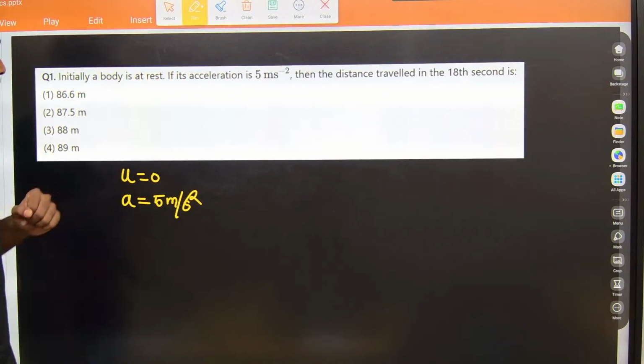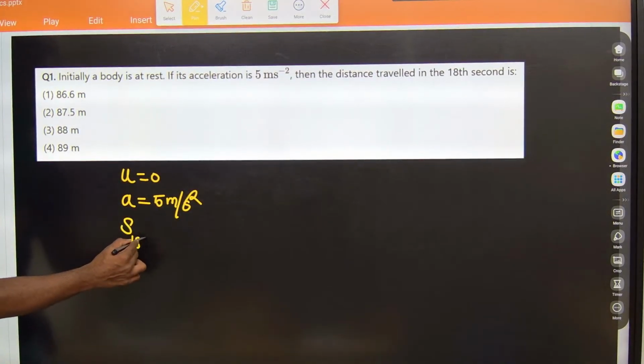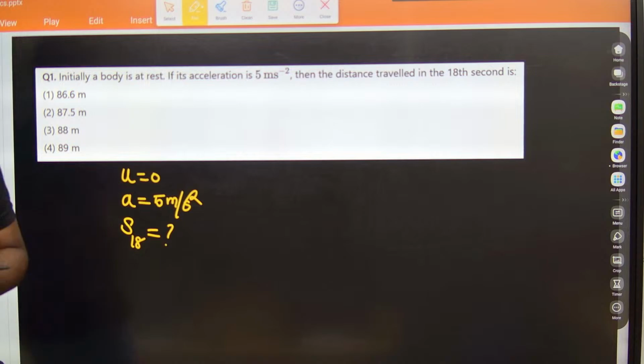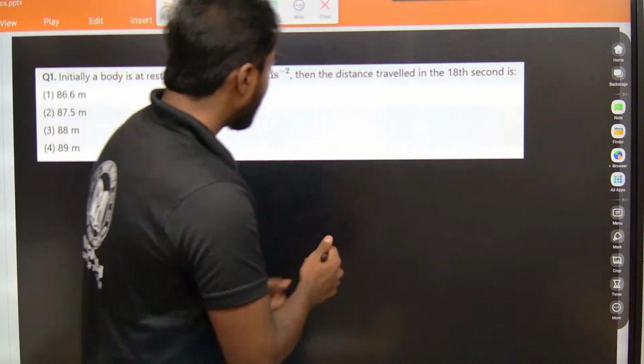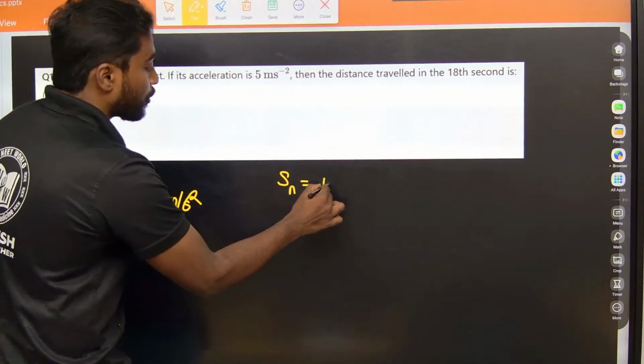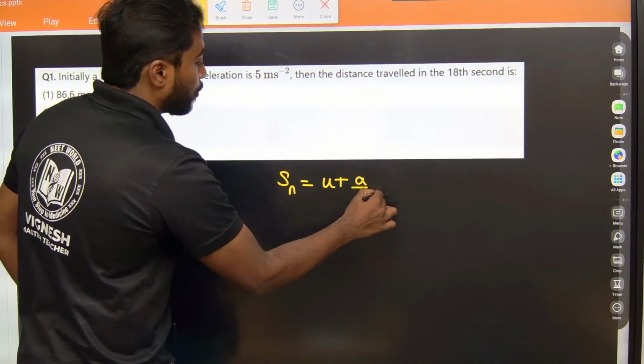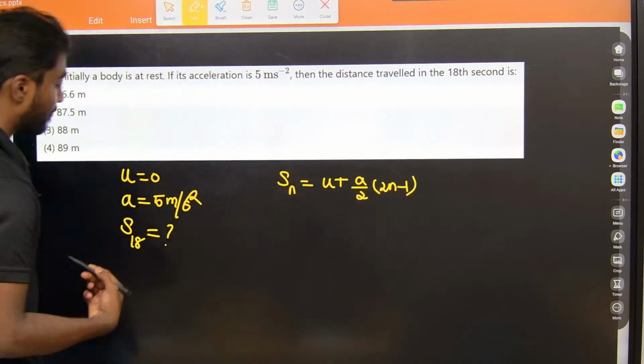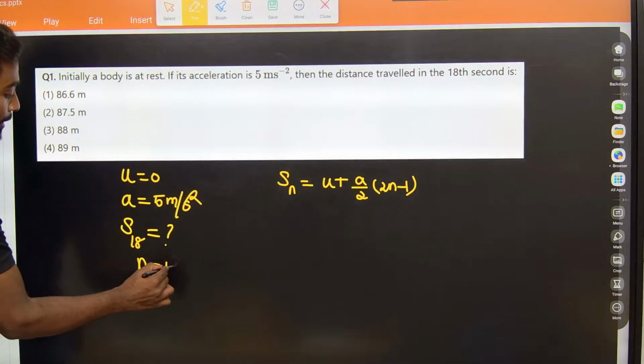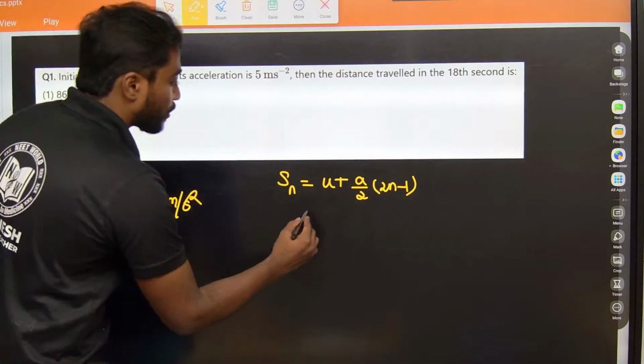So S 18th. What formula should I use? The nth formula: Sn is equal to u plus a by 2 into 2n minus 1, where n is equal to 18. Substitute the values here.